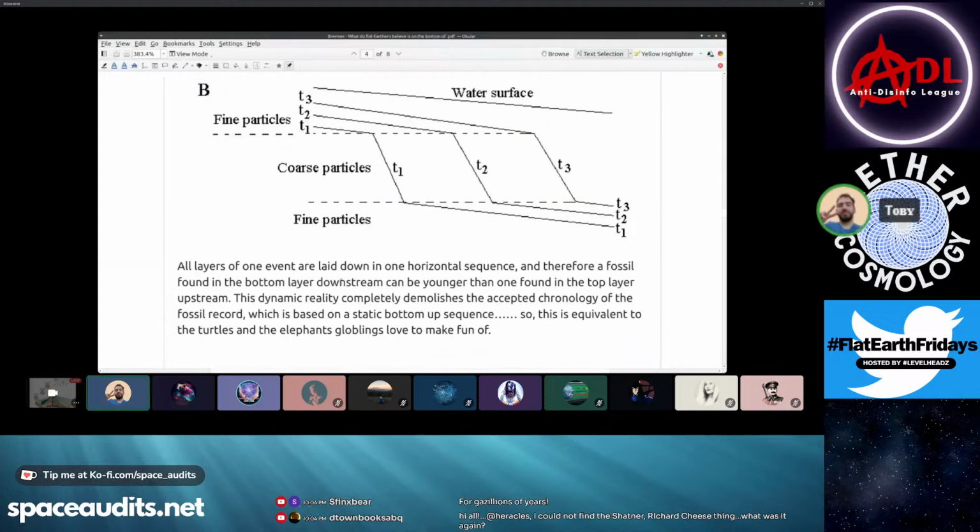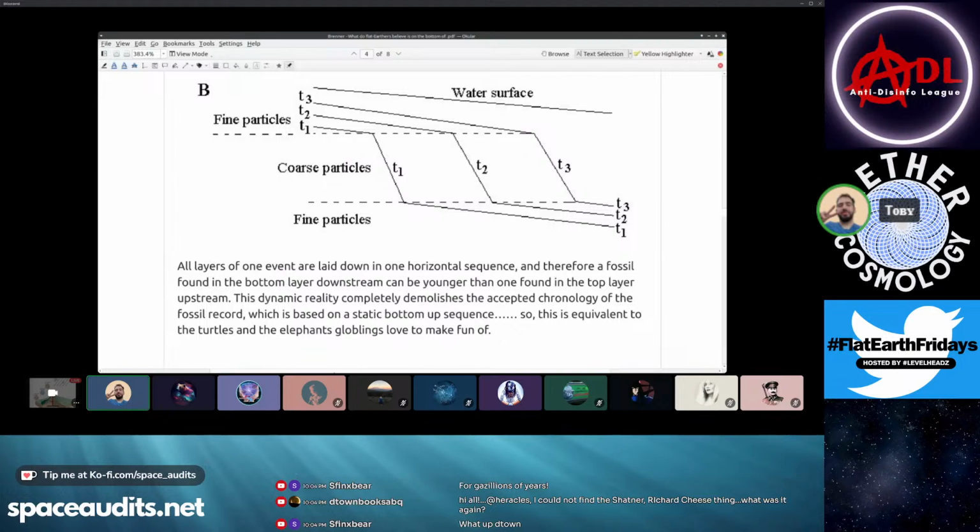All layers of one event are laid down in one horizontal sequence, and therefore a fossil found in the bottom layer downstream can be younger than one found in the top layer upstream. This dynamic reality completely demolishes the accepted chronology of the fossil record, which is based on a static bottom-up sequence.